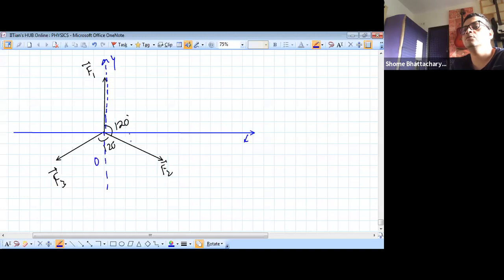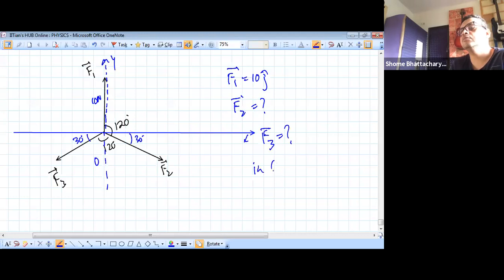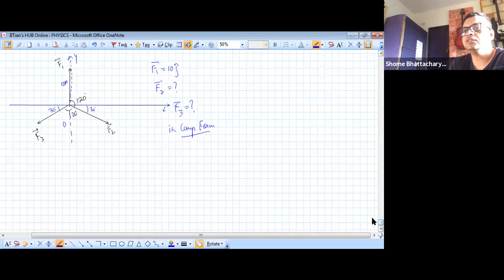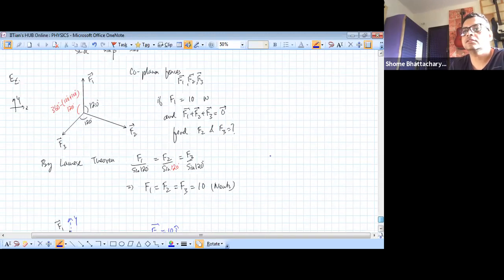So this angle would become 30, this angle would become 30, and this was 10 newtons. So you write F1 as 10 j cap. Similarly, you write F2 and F3 in component form. So this question would become more lengthy, but by Lami's theorem you can get this directly like this.